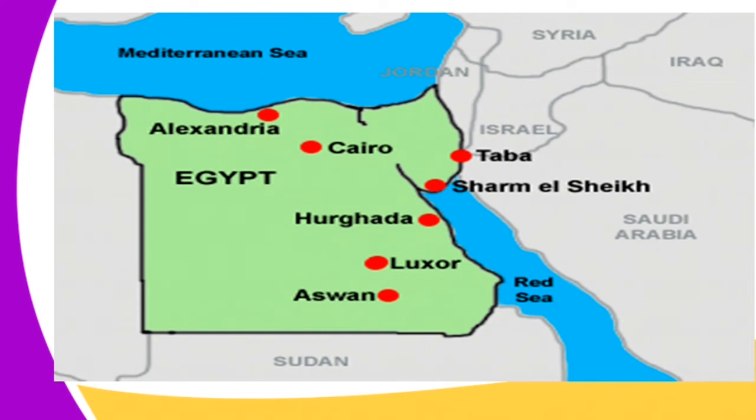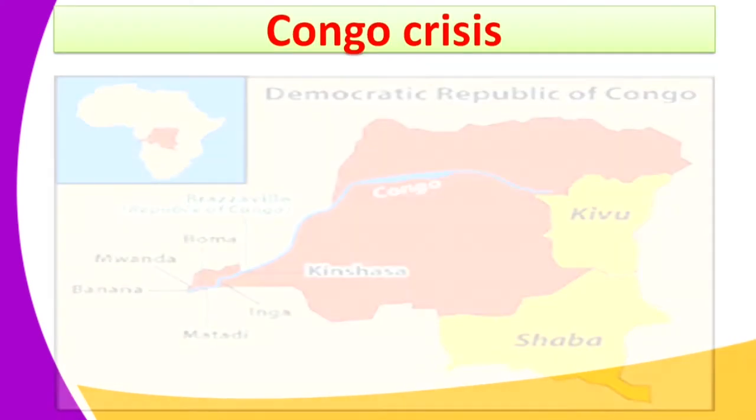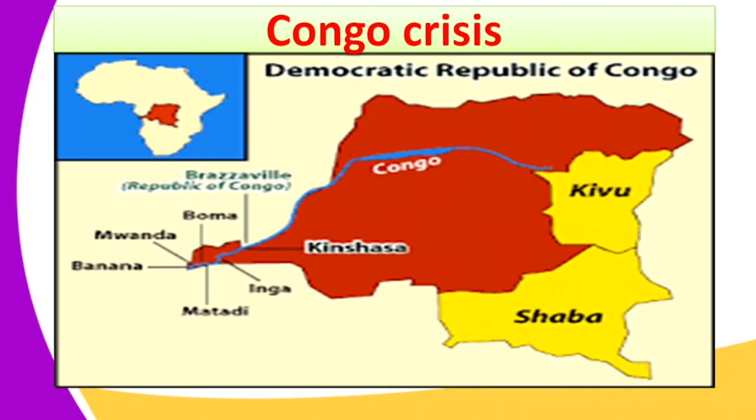So the Congo crisis. The Democratic Republic of Congo was another aspect that led to the scramble for partitioning of Africa. So the European powers had established the Congo colony because of the places where there were mineral resources.